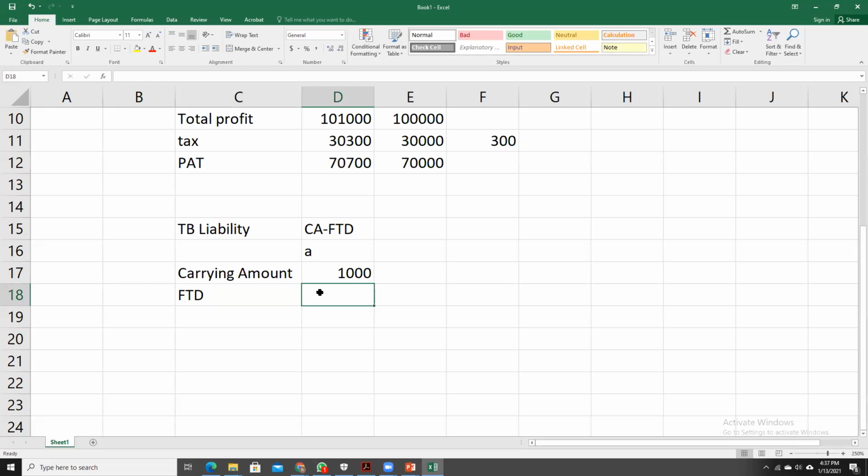Say for example, wage for the period 1000 is an accrued expense. We have not yet paid. When you calculate accounting profit, do you consider the wage as expense or not? Expense. But according to the tax rule, is it an expense for this period?